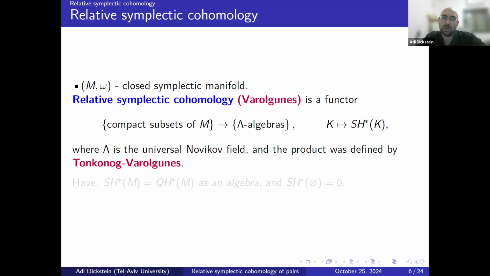Here Lambda is the universal Novikov field, and the product structure was defined by Tonkonogi and Varolgunes. In the simplest cases, the relative symplectic cohomology of the manifold is just quantum cohomology as an algebra, and also the relative symplectic cohomology of the empty set is 0.